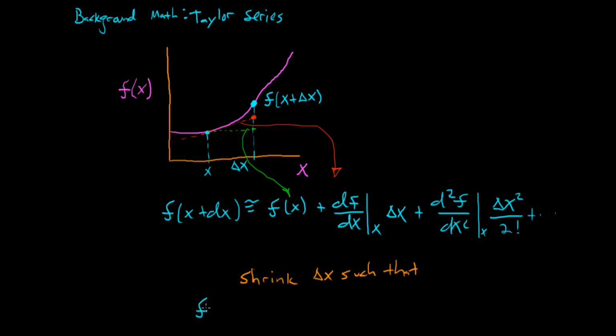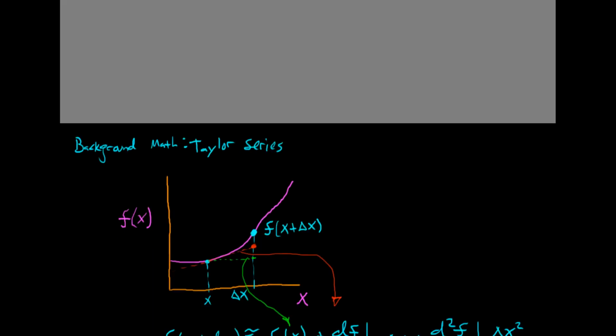We want f of x plus delta x equals f of x plus df dx at x times delta x. In other words, we're going to make it so small that we get to get rid of the approximate equals and say they're actually equal, because if this is small enough, the error associated with the second derivative and the higher order terms goes away.